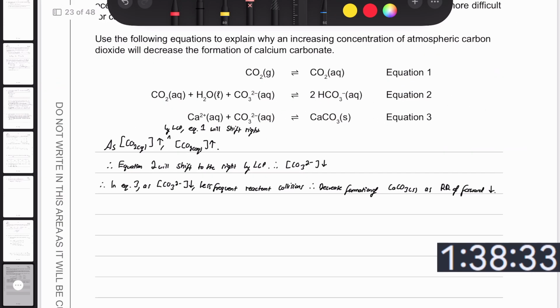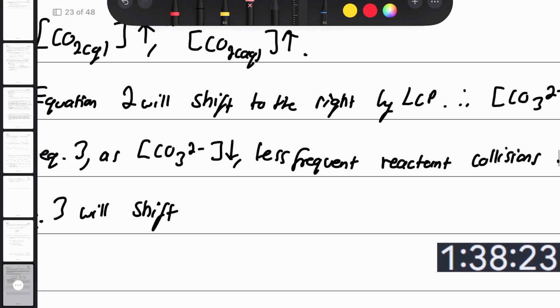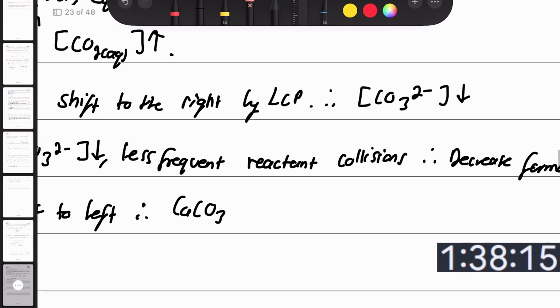Equation 3 also, should I talk about, yeah, equation 3 will shift to the left, therefore CaCO3 will decrease. Less abundant.